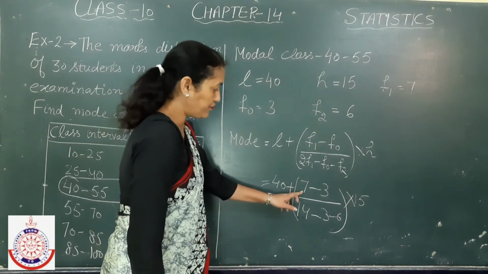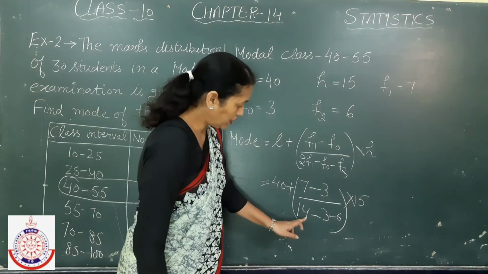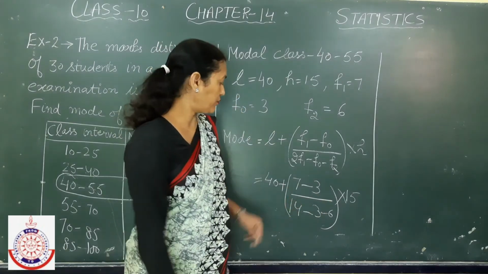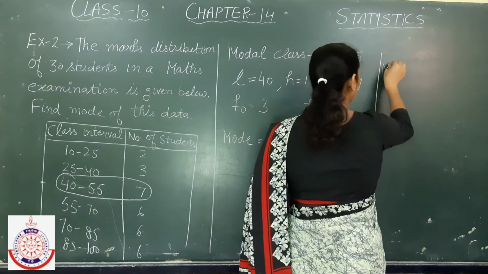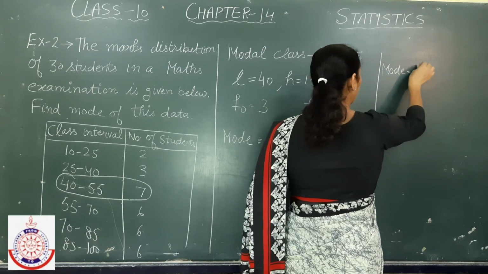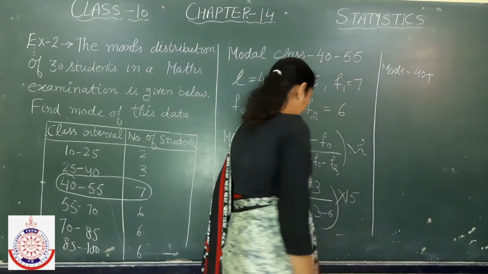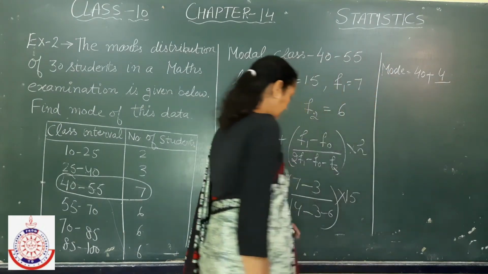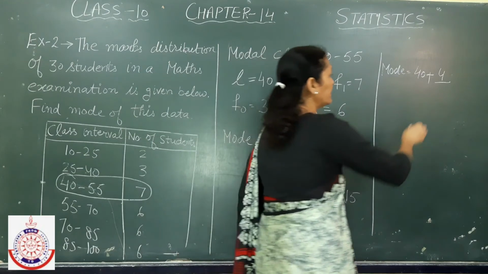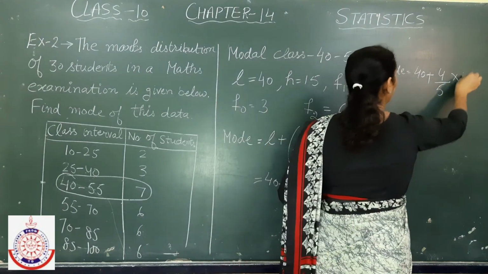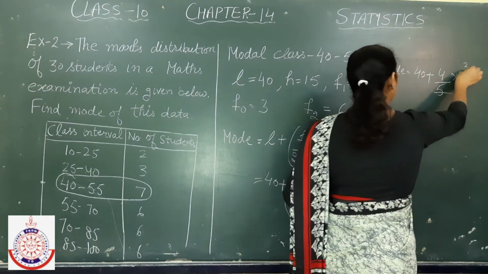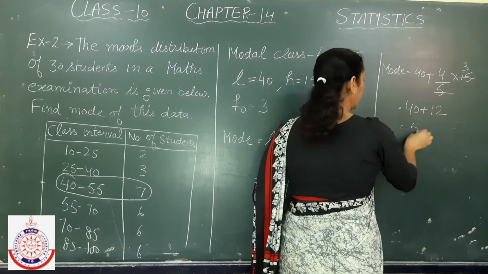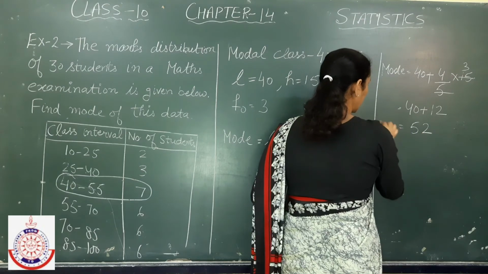Now 7 minus 3 is 4. Mode equals 40 plus 7 minus 3 is 4 upon 14 minus 9 is 5 into 15. So 5 3s are 15, 4 3s are 12, 40 plus 12 is 52.